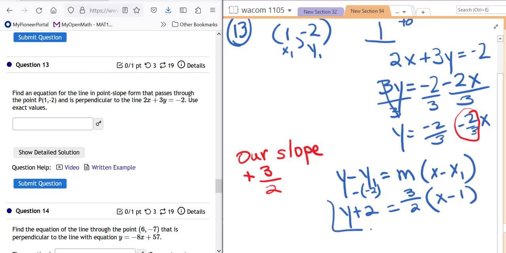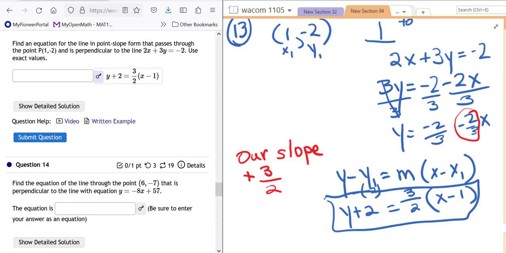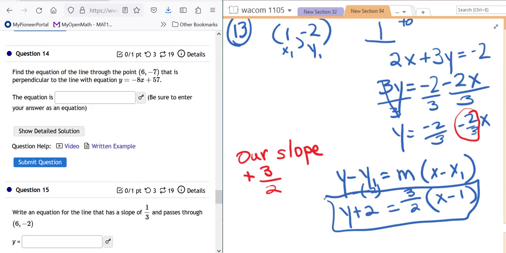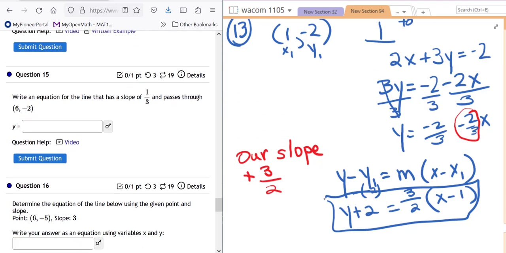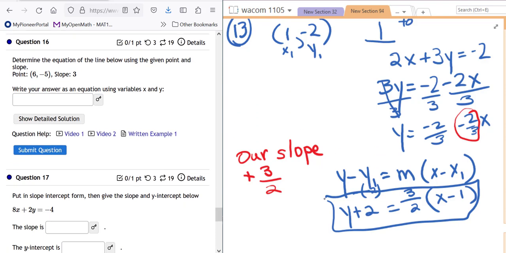This is what I think they want you to show because they said point slope form. Yes. So if you cleaned it up more, they would count you wrong. All right. So very similar.